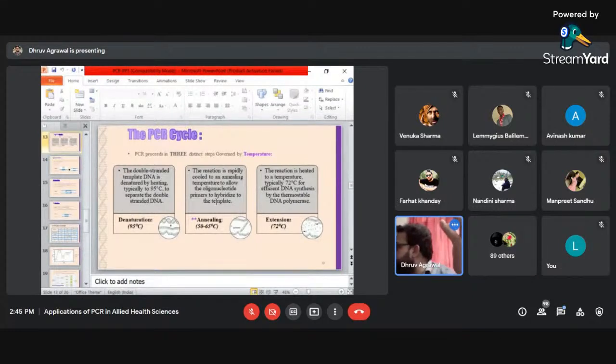DNA hybridization. Are you guys aware of hybridization? DNA hybridization, RNA hybridization. Is there DNA-RNA hybridization also? Have you ever heard about DNA-RNA hybridization? No?